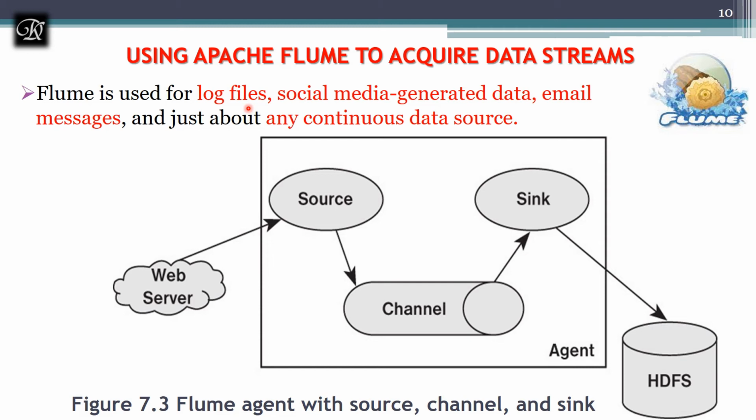So there are plenty of servers planted throughout the world, and those also generate log files, and we have to see the log files. And it is not only that, we are generating huge amounts of mail, which also contributes to the data stream, or any continuous data sources.